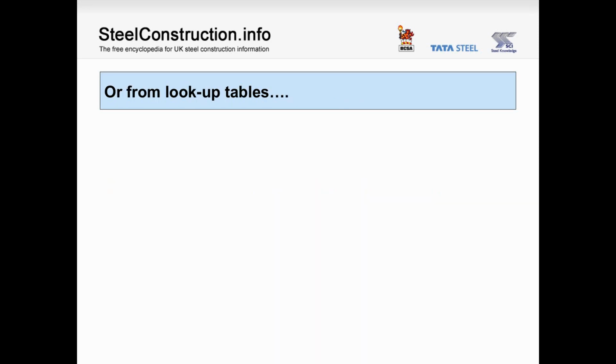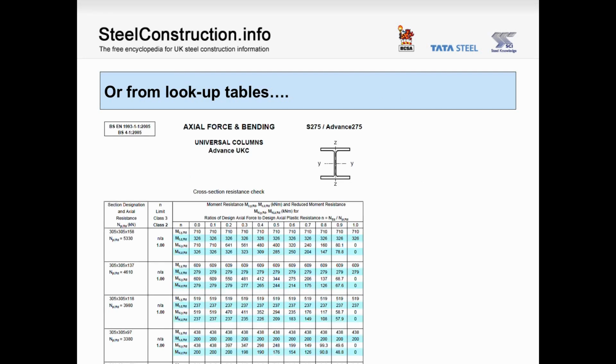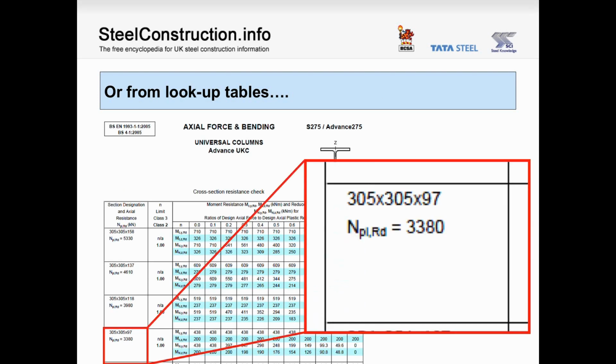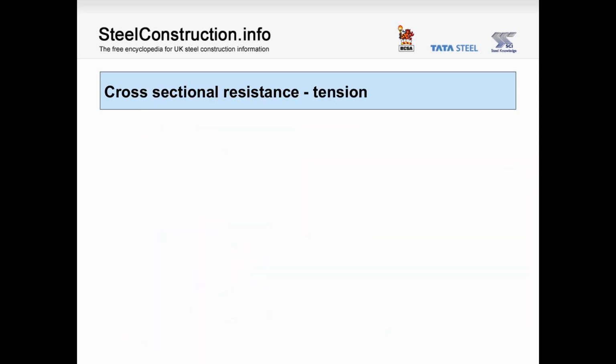An alternative and quick way to establish the cross-sectional resistance is to use lookup tables. So here is a lookup table from the Blue Book. We identify our section, a 305, 305, 97 UKC, and the cross-sectional resistance is given as 3380 kilonewtons. So a little bit of rounding, but exactly the same figure.